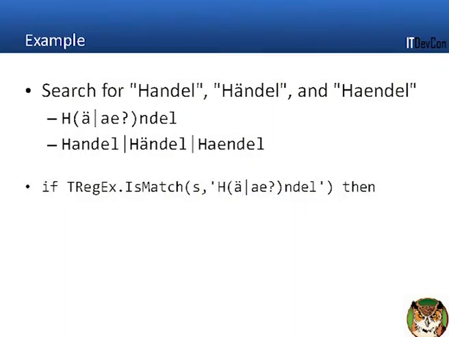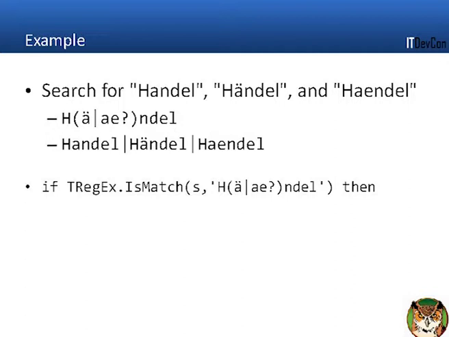Whatever is in parentheses is called a group. In this case, the group was only added to limit the scope of this pipe, which is a character that means or. So we want to match a with umlaut or this thing on the right. Without the group, the pipe would match HA or AE NDL.